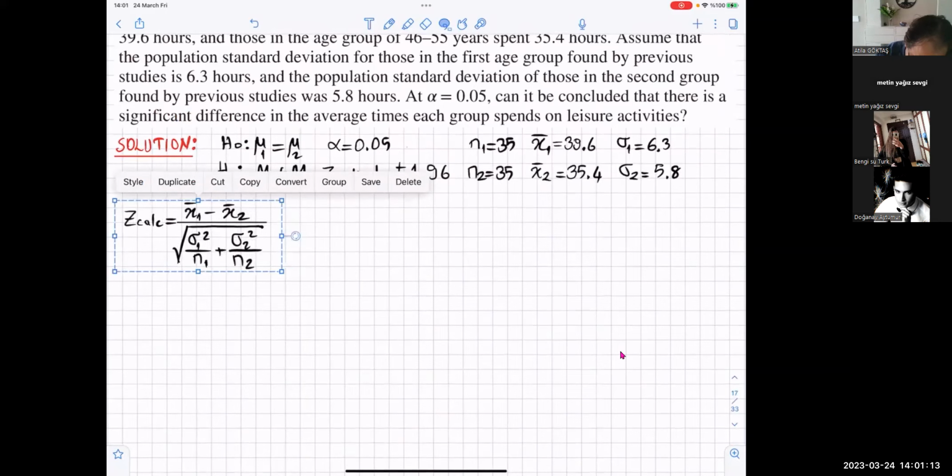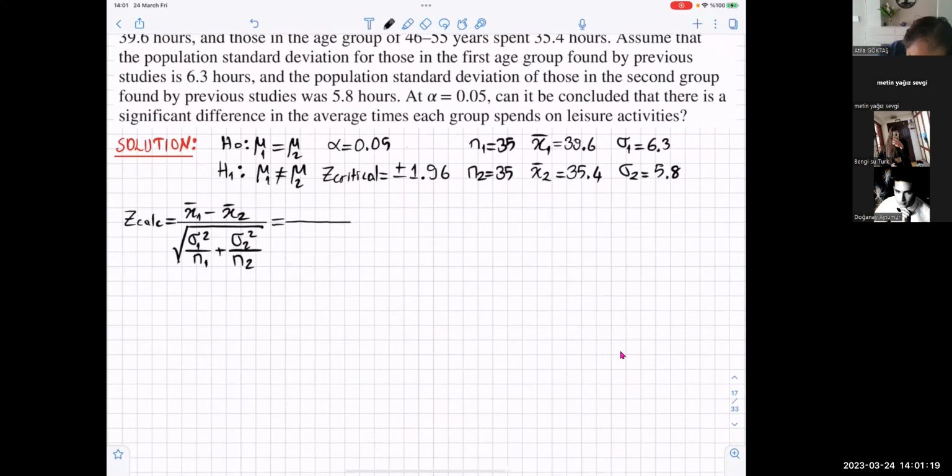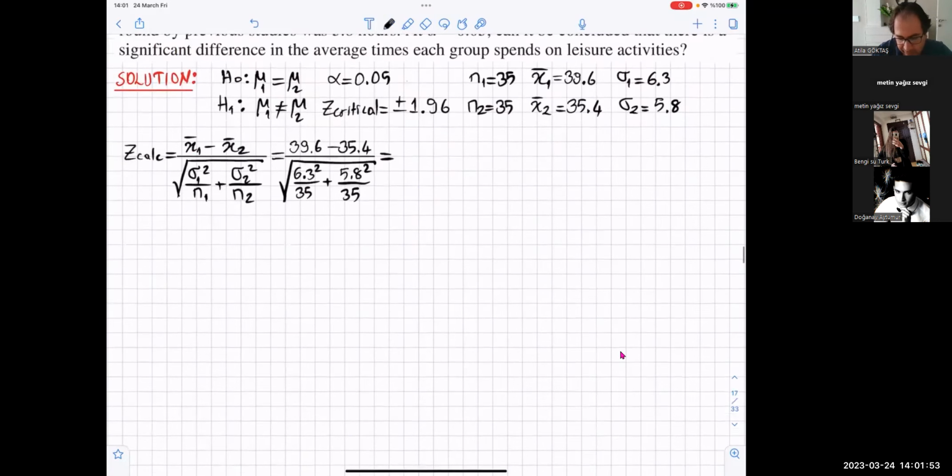This is the calculated statistic, and I'll substitute the results I have. 39.6 minus 35.4, and sigma 1 squared is 6.3 squared divided by 35 plus 5.8 squared divided by 35, and this is within the square root. Okay, let's see the result of this.